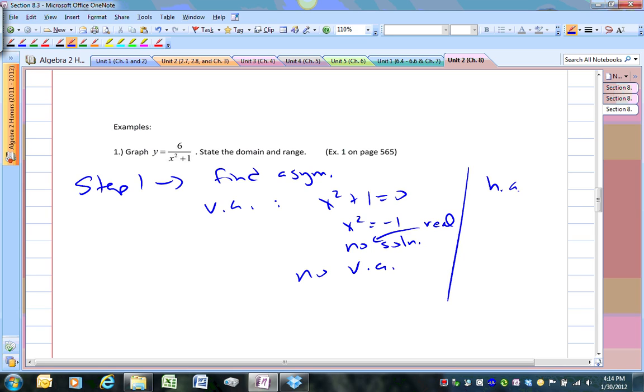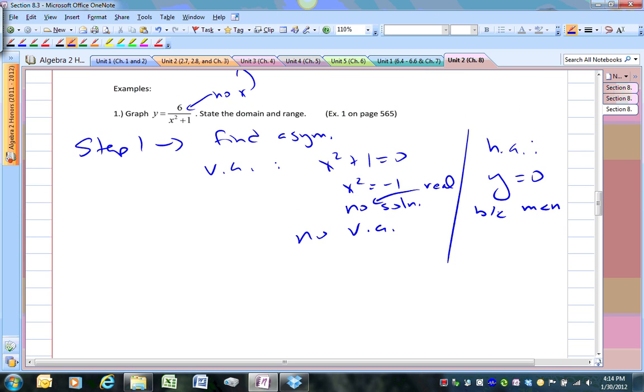For the HA, we're going to say y equals 0. That's because m is less than n. M here is 0, n here is 2 because there's no x. So basically the degree is 0 for that function, and the bottom is 2.